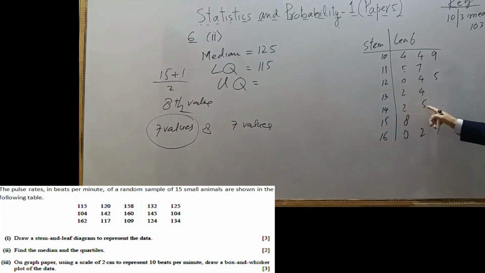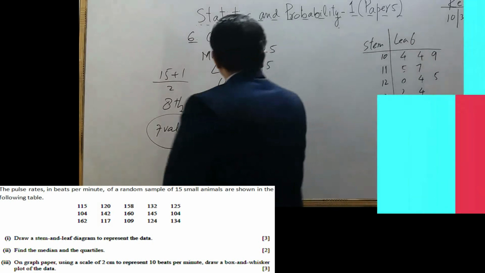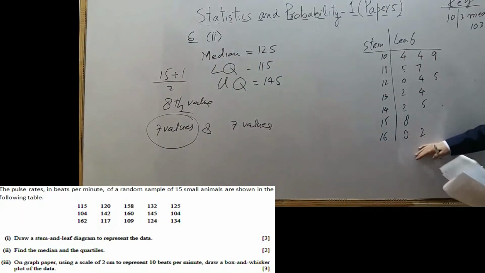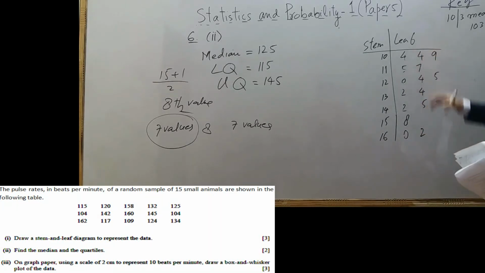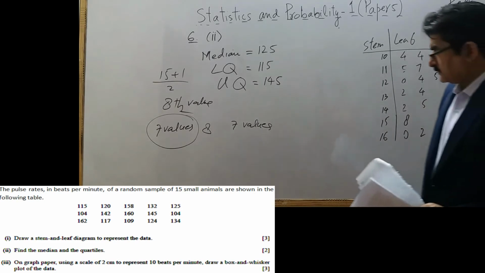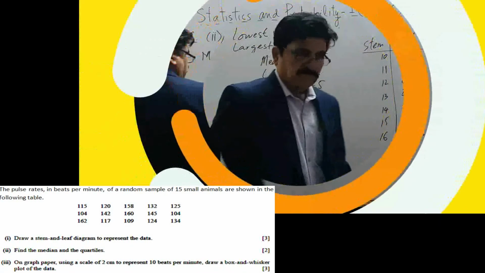So 1, 2, 3, 4, it is 145. And you can also calculate from bottom to top, you move from lower value to higher value. 1, 2, 3, 4. So this is the 4th value from the bottom. It will be the upper quartile. So upper quartile is 145.